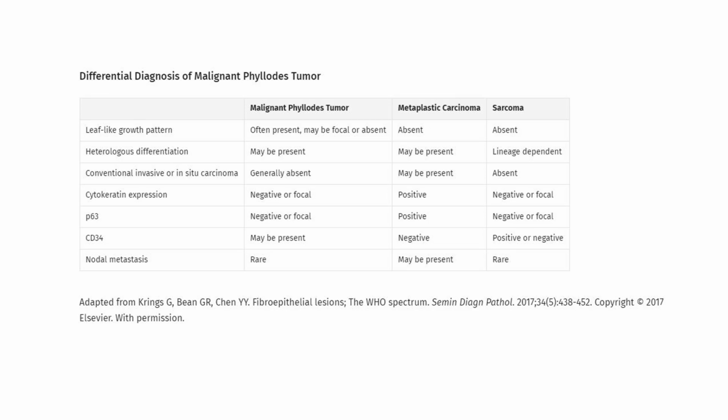Just use all the CK markers in your lab, and if you can find strong and diffuse positivity in some component, that is a hint for metastatic carcinoma. If you could not find it, you just could not tell.